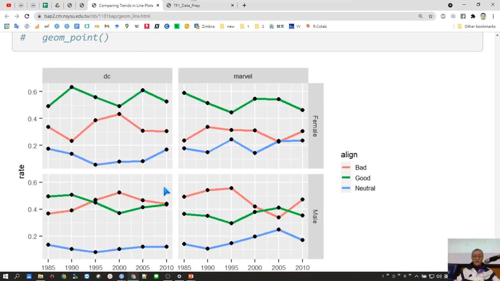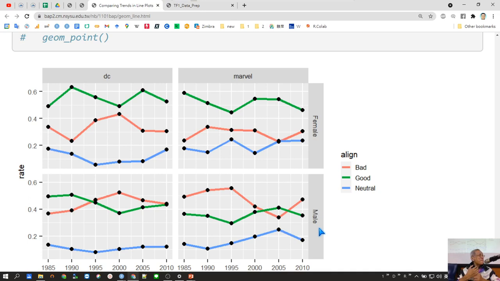So you can do more, right? You can actually do this, okay? And this thing is your exercise, okay? I'll leave it for your own exercise. You can do DC, Marvel, female, and male, right? So you want to track the trend of the ratio of sex and alignment by publisher.